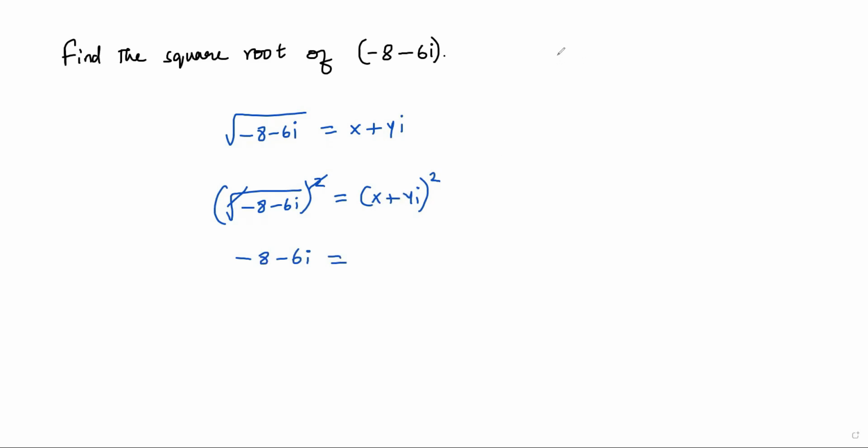We already know the algebraic identity: (a + b) squared is equal to a squared + 2ab + b squared. We can use this identity to expand the square of this binomial.